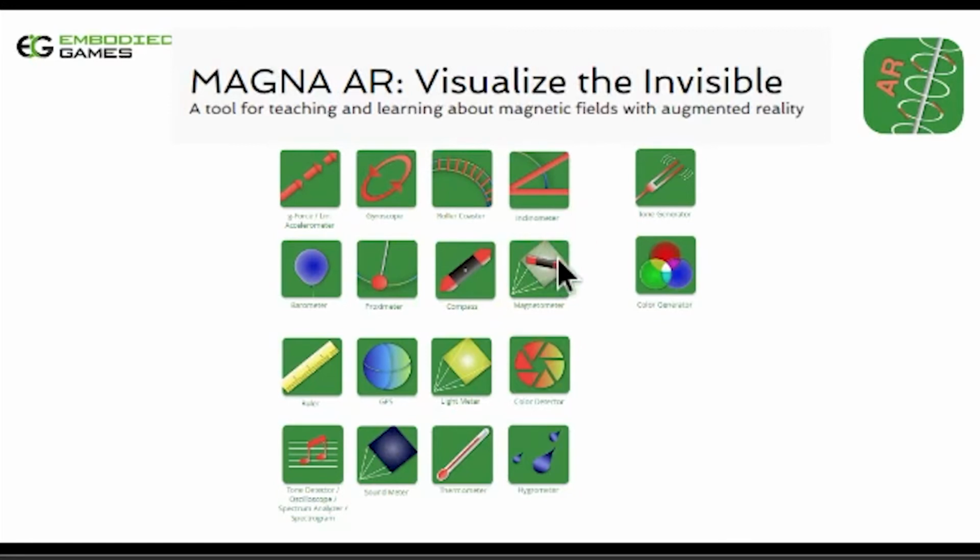So there's always an ambient magnetic field on Earth, right? You can download this app and find out what that is at that point in space and time where you are. So you could even download this now. It's free on the Google and Apple stores.